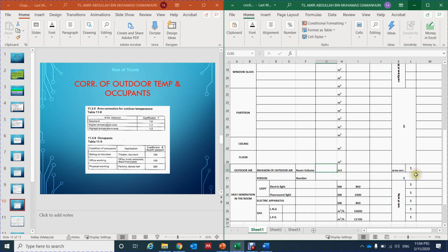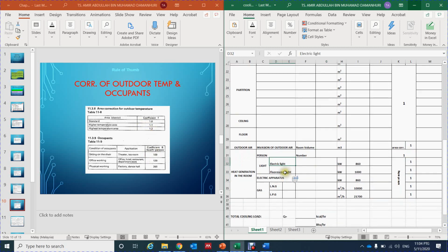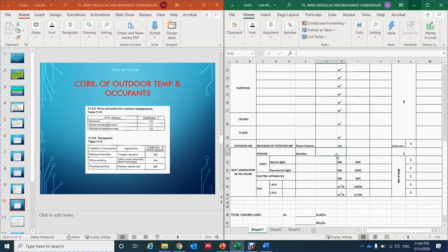Then the area coefficient, either 1.1 or 1.2, and then we have the occupants here, how many persons are in that area. And then the next one, the light electric watt, this depends on how many electrical watts are available in that room.